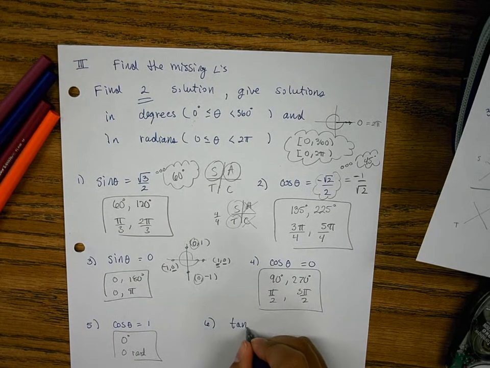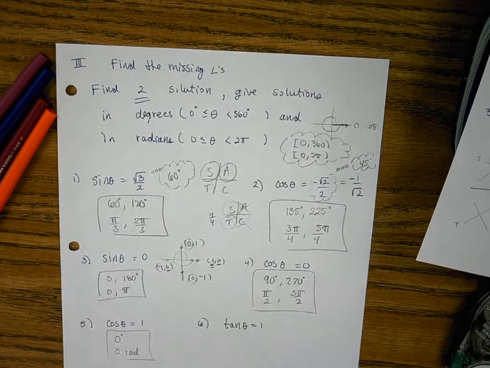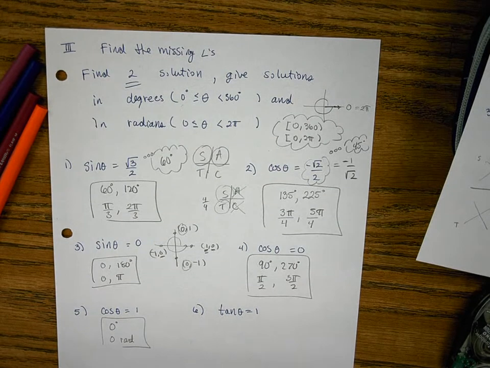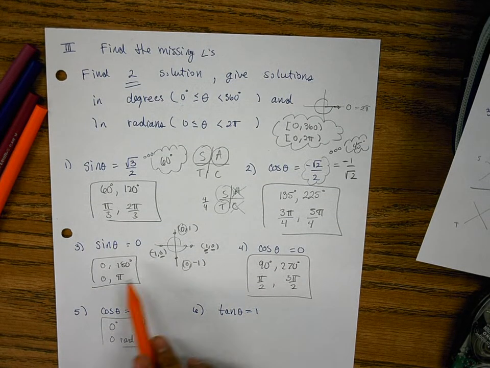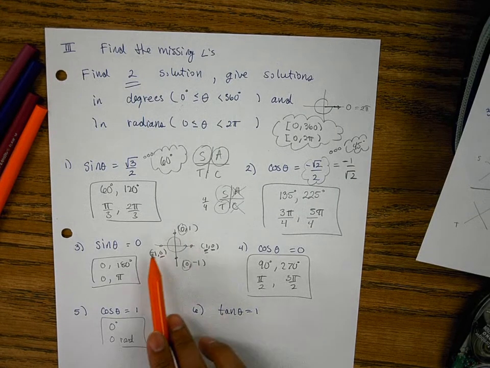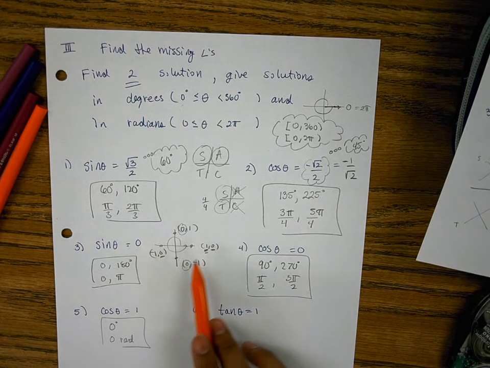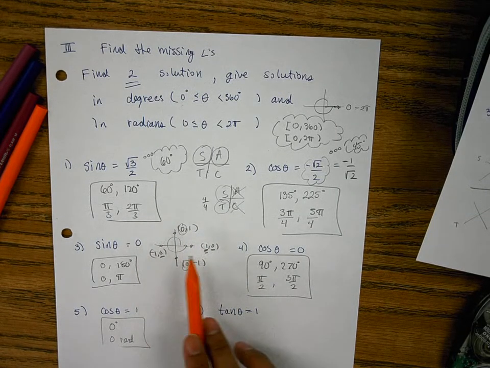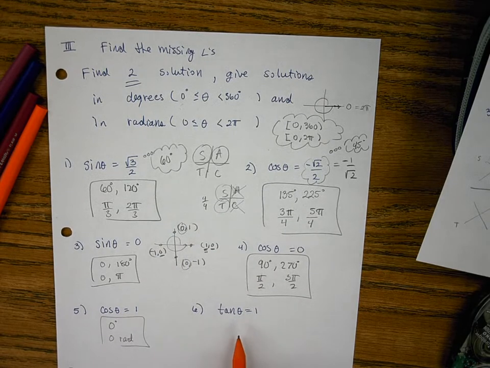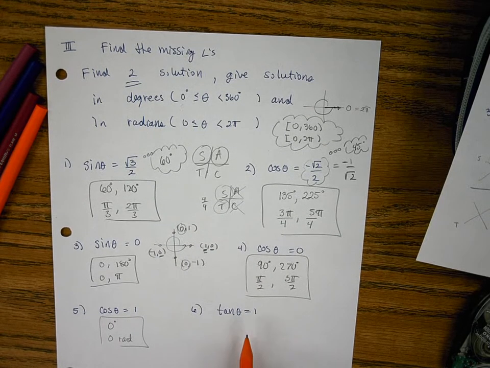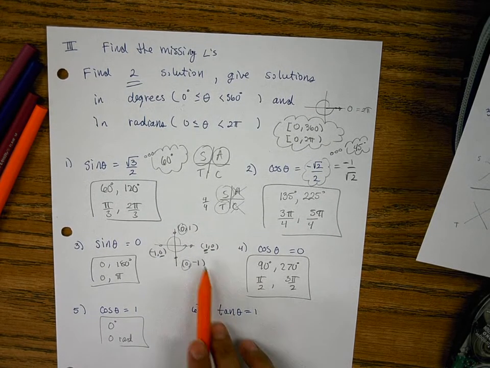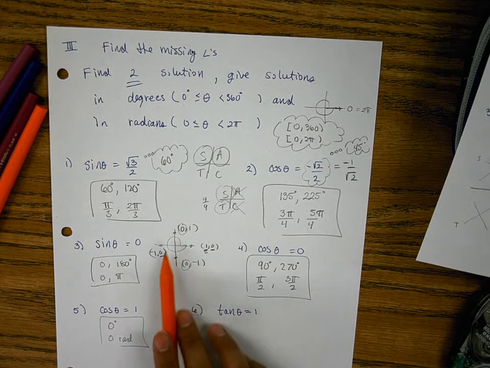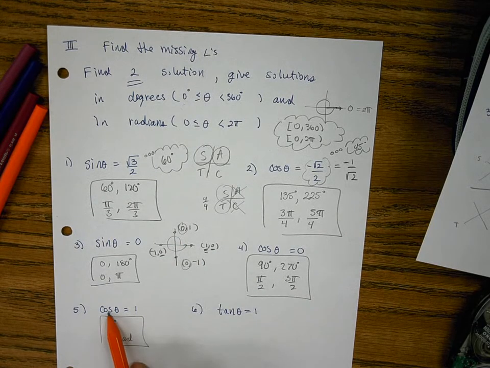Okay, number 6, tan theta equals 1. This is another one kids mess up because they see the ones, especially after we were dealing with these ones here, and they look at the quadrantals on the unit circle to find their solution. When tangent is 1, it's not one of your quadrantals.